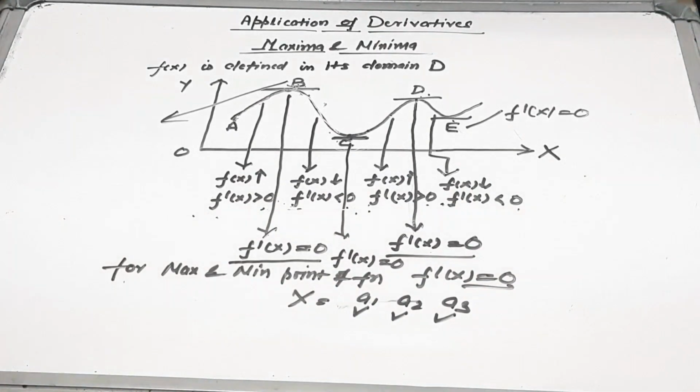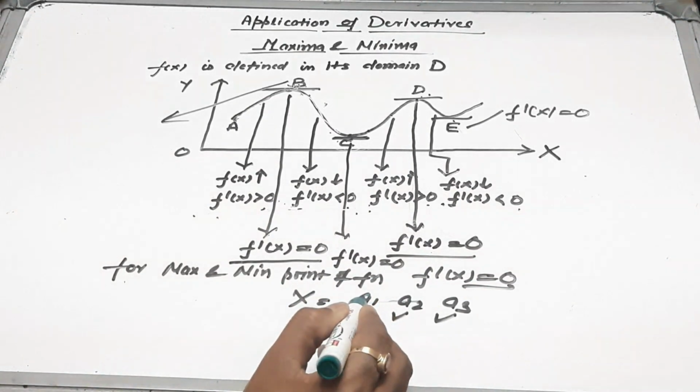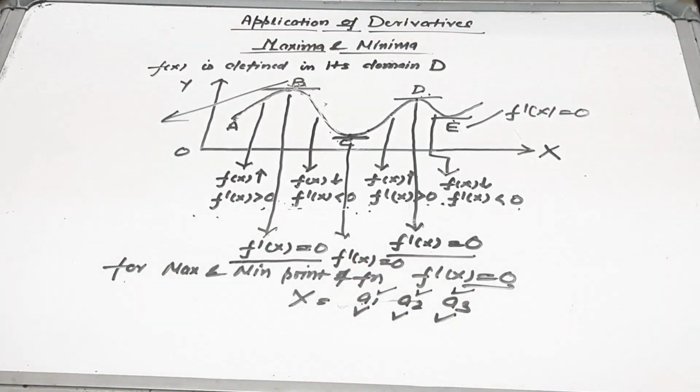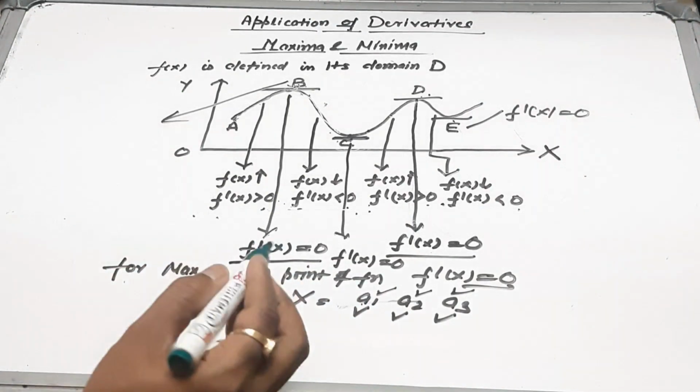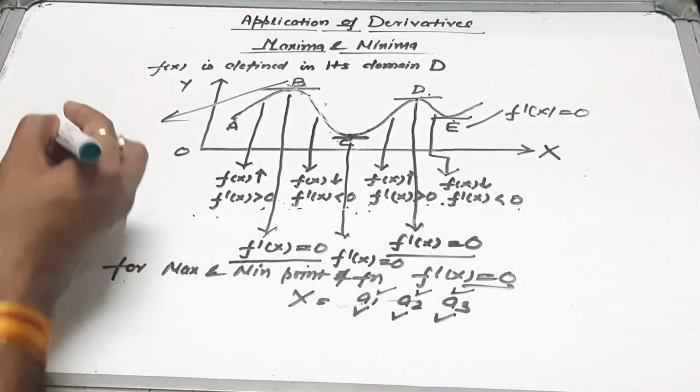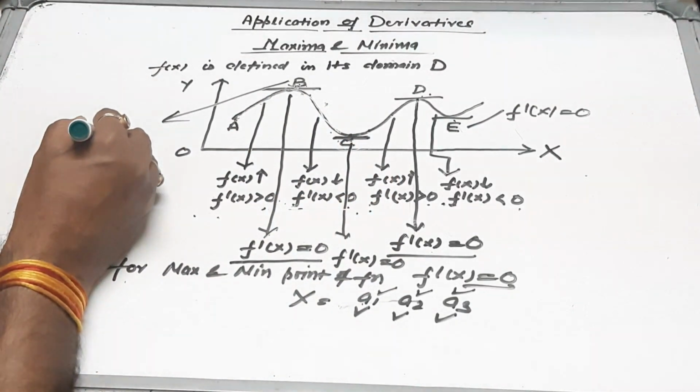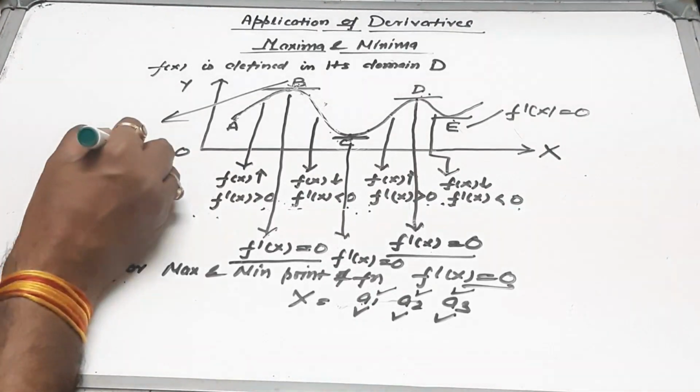Now the question arises, which point will be a maxima point and which point will be a minima point? For checking this we have two methods. The first method is the double differentiation method. What does the double differentiation method tell? You calculate f''(x), meaning the double derivative.